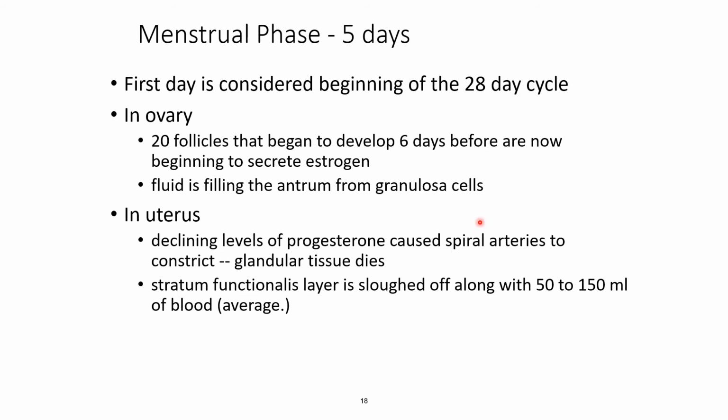So this is the text version of what I just described. Early, we have development of primordial follicles, and in the uterus there was the menstruation. I'll come back to this a little later.